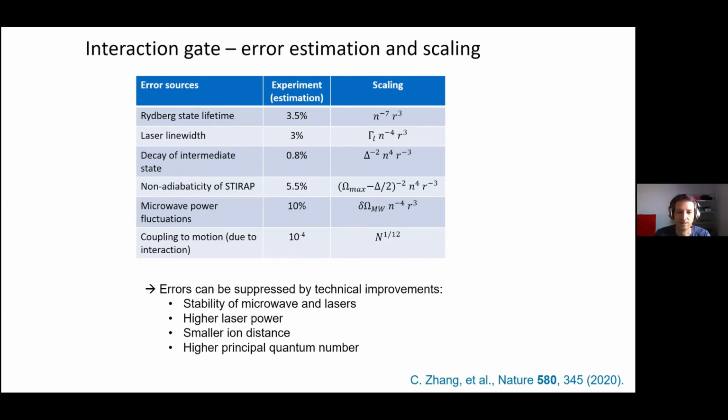The calculated error here is how much the motion of the ions gets entangled to the quantum states of the ion by these forces. And this is relatively small and also doesn't scale so badly with the number of ions.